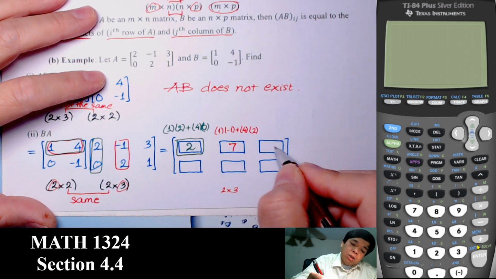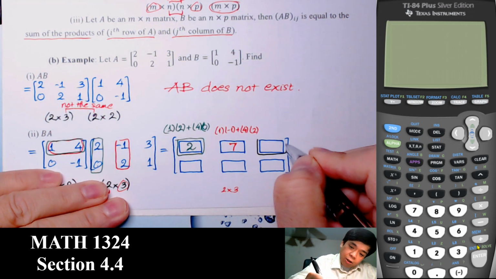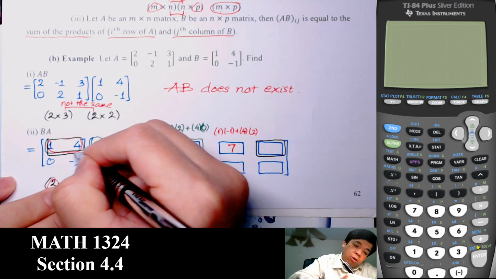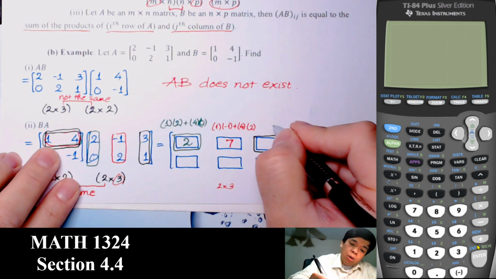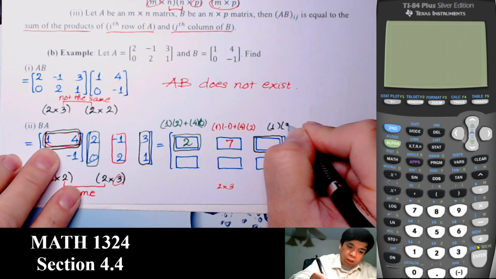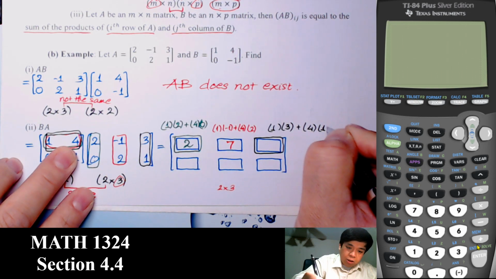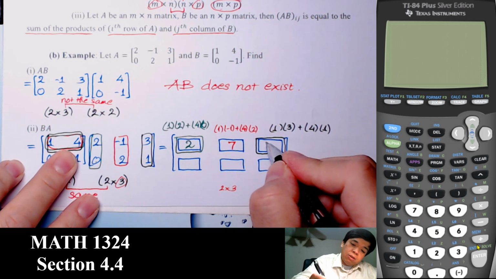For the first row, third column: 1 times 3 plus 4 times 1. And that 3 and 4 is also 7.